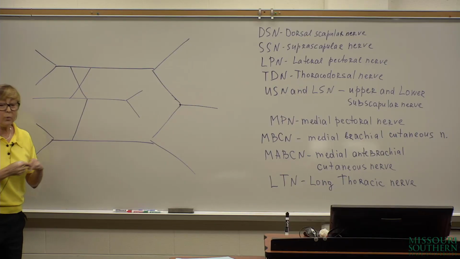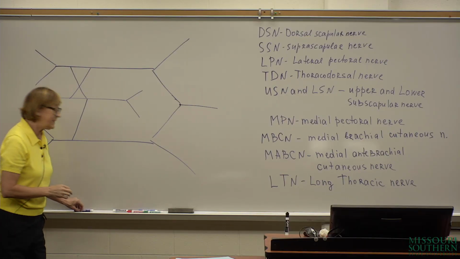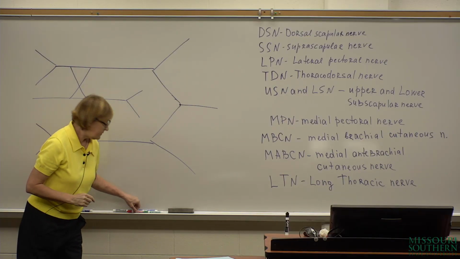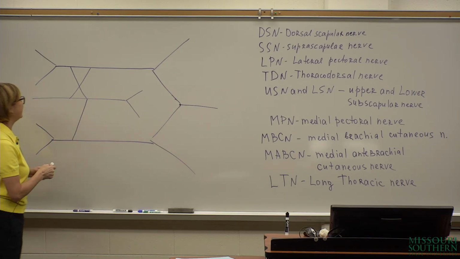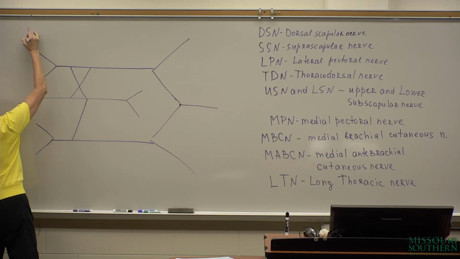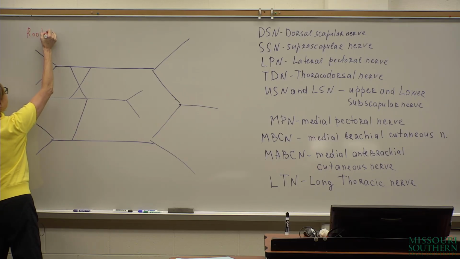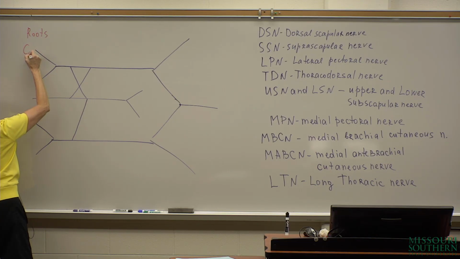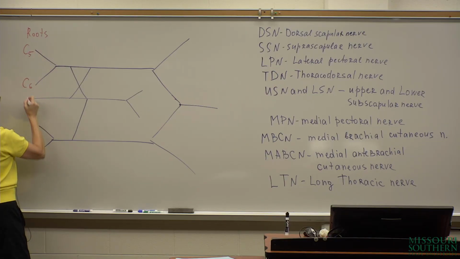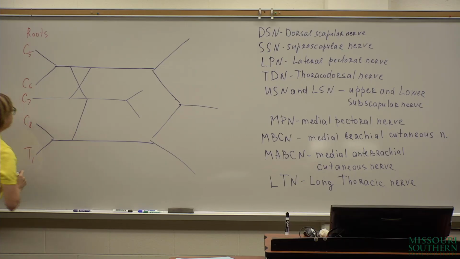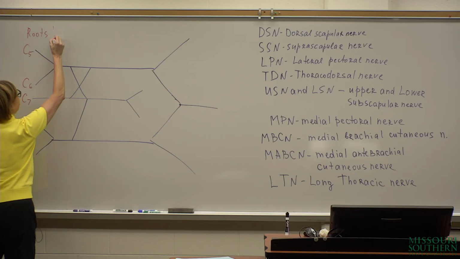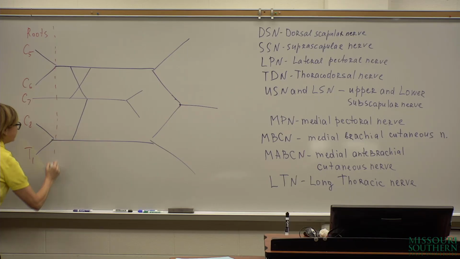So now we are ready to label this drawing. First, we're going to start with the roots. Roots: C5, C6, 7, 8, and T1. So these are roots of the brachial plexus.